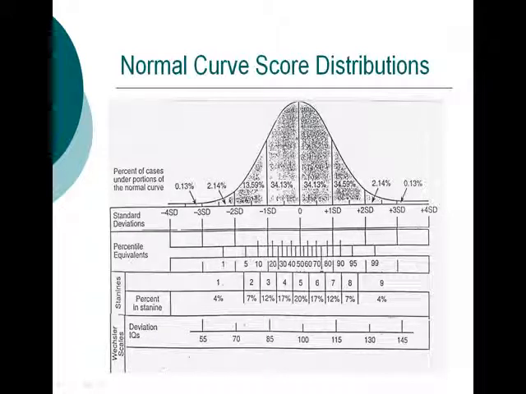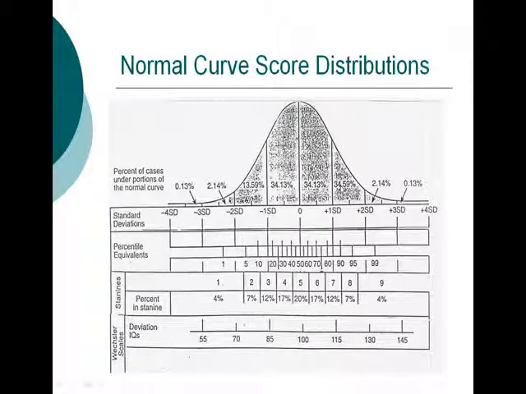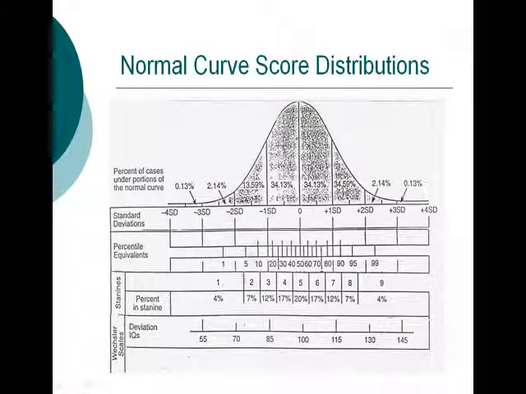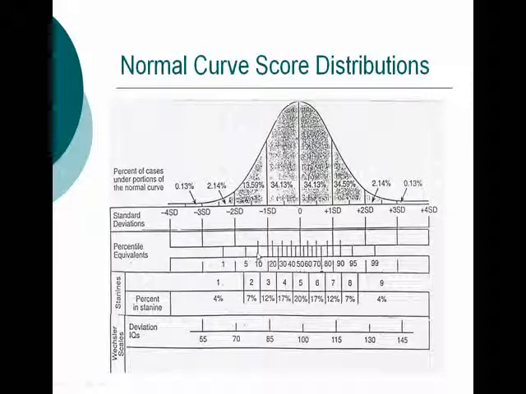There's an error here. This one plus 1 standard deviation should be 14%. Should be 14% below and 14% above. So 14% of your kids are going to be between the 16th percentile and the 2nd percentile, in that range.